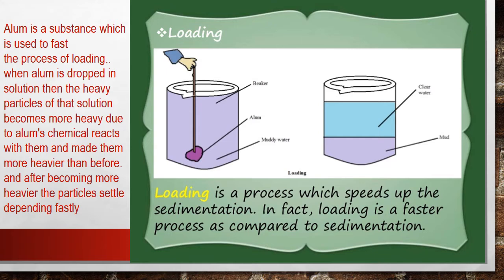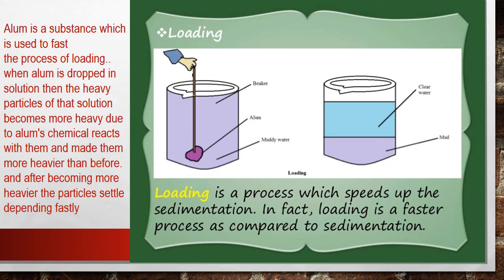On the left side you can see alum is a substance used to fasten the process of loading. When alum is dropped in the solution, the heavy particles of that solution become more heavy, and fine particles will also become heavy, so that they can settle down easily. So this process is known as loading.